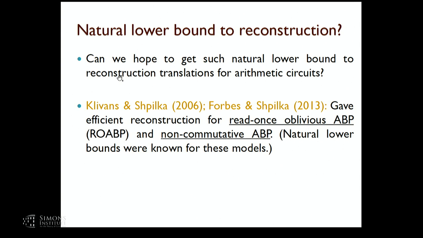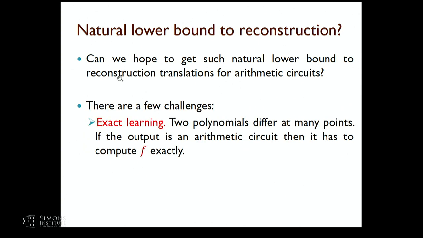And these models do have natural lower bounds. So, the learning algorithms are also efficient. That makes one quite hopeful about it. But in the arithmetic world, there are several other models for which natural lower bounds, really strong lower bounds, are known, but no learning algorithm. So it's not clear what the status is.